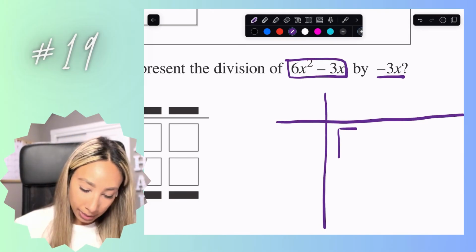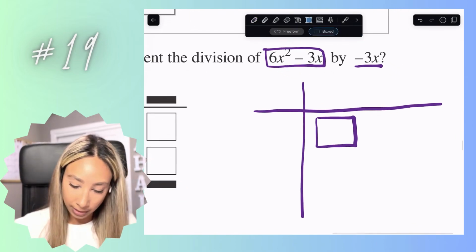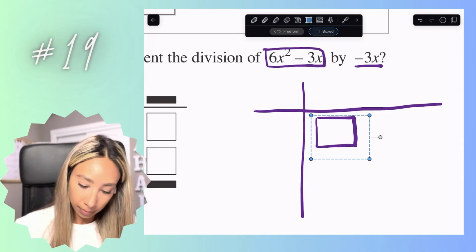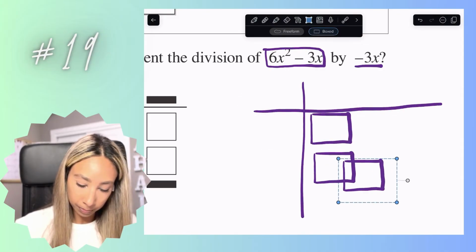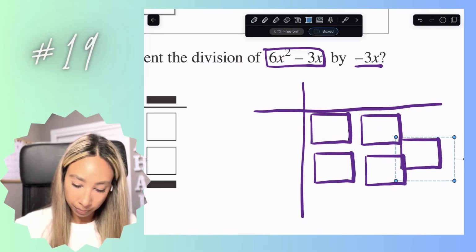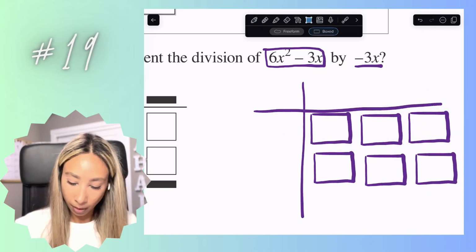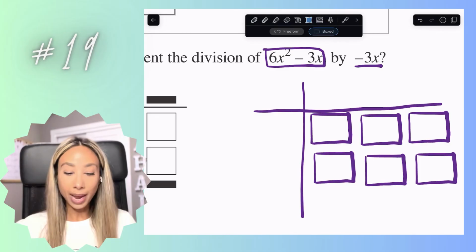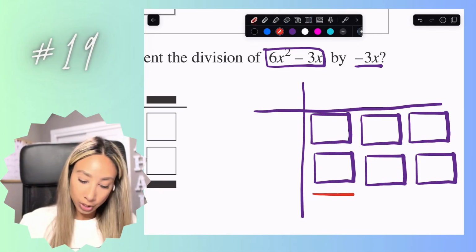So 6x squared, and it's positive, so I'm just going to leave it blank and draw 6 of these. Then we've got negative 3, so we're going to use a bar to represent that negative 3.